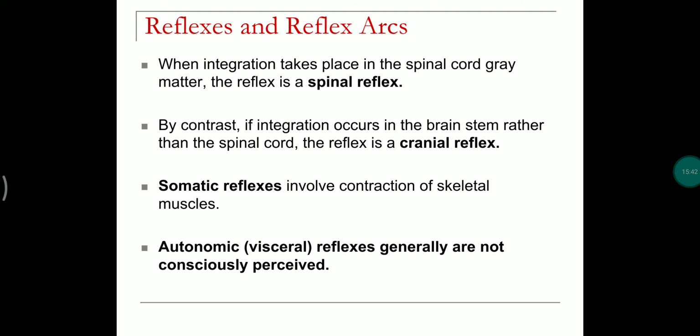The sensory neurons enter the spinal cord into the gray matter, and there the interneurons are present. From the interneurons they analyze the impulses and send them back to the organs through motor neurons.